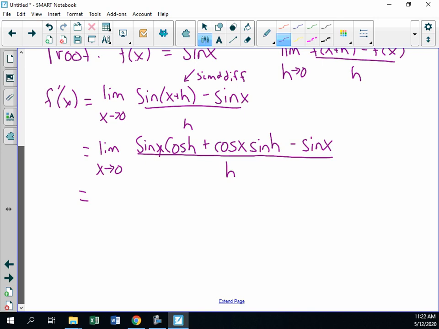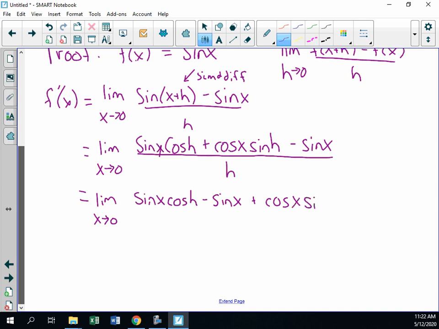From here, what we are going to do is factor out of the first term our sine x. So I'm just going to bring my sine x terms together. So I have a sine x cos h minus a sine x plus my cos x sine h.